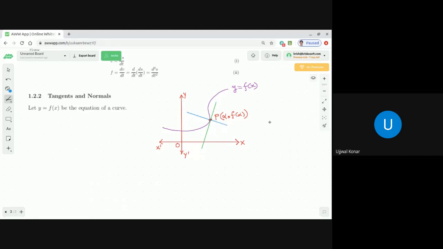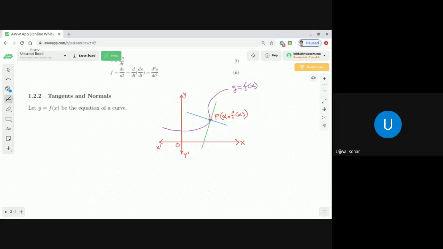So what you see in the green color straight line is the tangent to the curve y equal to f(x) at the point P (alpha, f(alpha)), and the line you see in the blue color is the normal to the curve y equal to f(x) at the point P (alpha, f(alpha)).